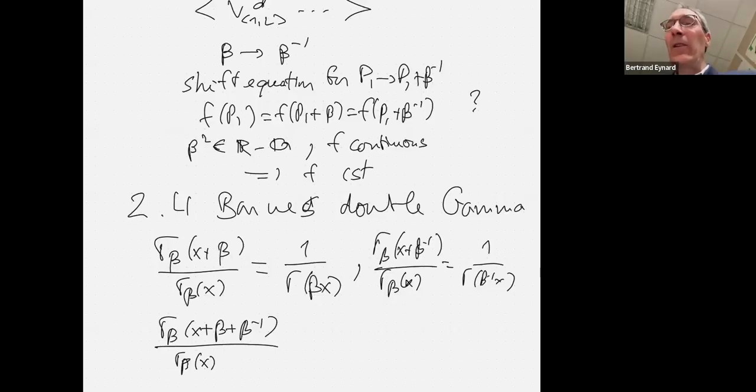But if I compare the results, they don't agree. So to make them agree, I have to slightly modify my equations. Here I need a beta to the beta x minus 1/2, and here a beta to the 1/2 minus beta inverse x. And with this small modification, the equations are compatible.